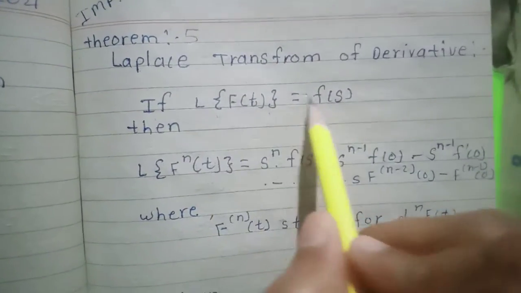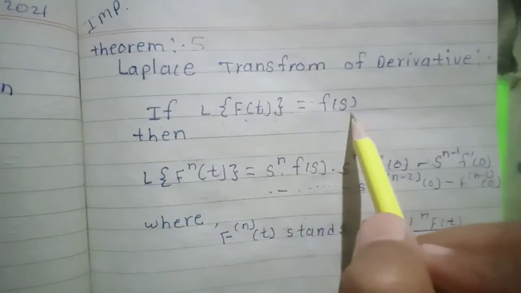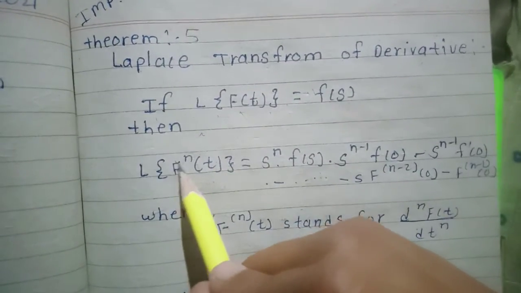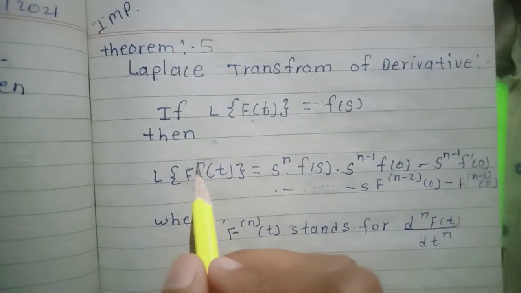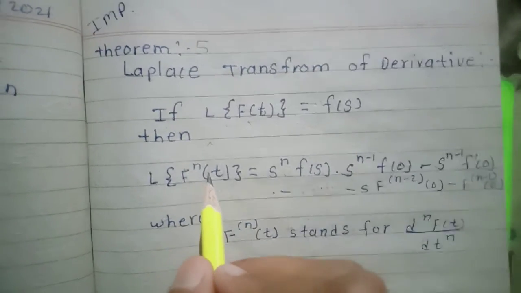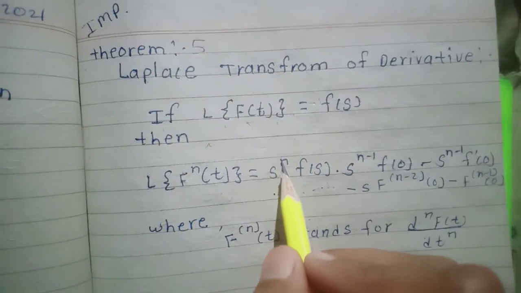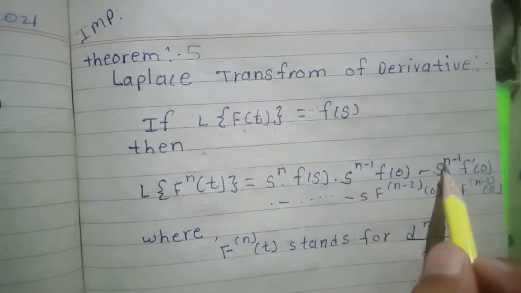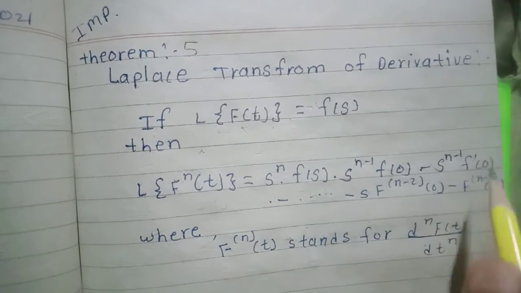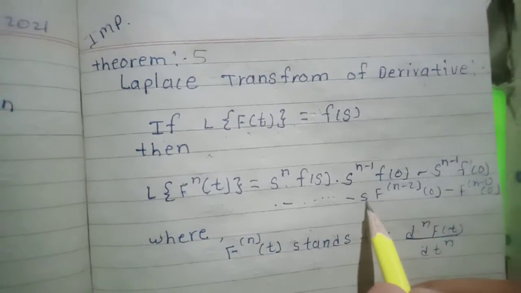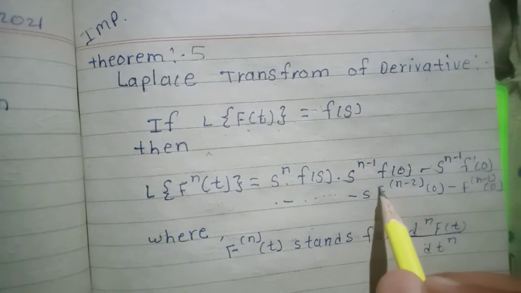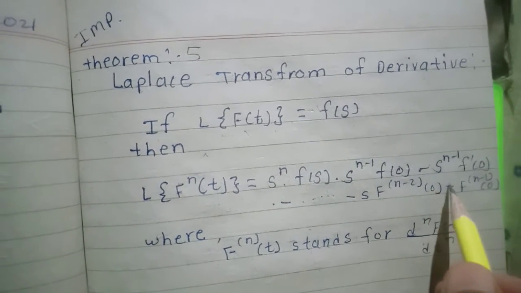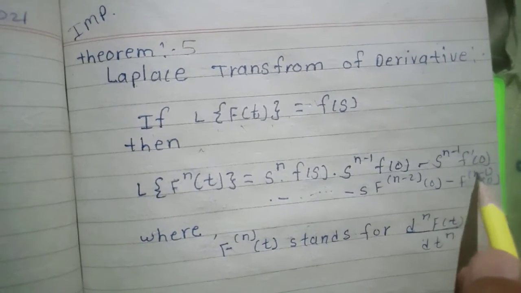If the Laplace transform of f of t is equal to F of s, then the Laplace transform of f raised to n of t is equal to s raised to n F of s minus s raised to n minus 1 f of 0 minus s raised to n minus 2 f dash of 0 up to minus f raised to n minus 1 of 0.